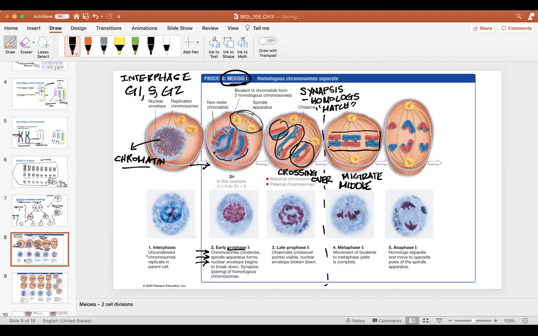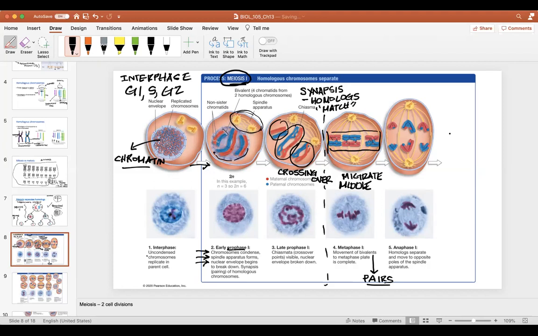They're lining up 2 by 2 instead of single file. That's another important difference, okay? So lining up 2 by 2, here it says movement of bivalence. What they mean by bivalence are the pairs, the homologous pairs. Movement of bivalence is what happens in metaphase 1, so they should be in the middle.